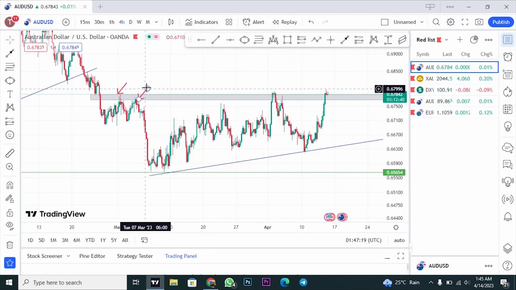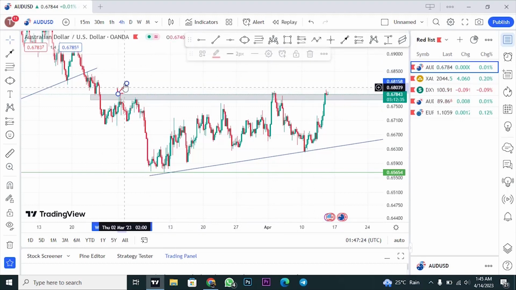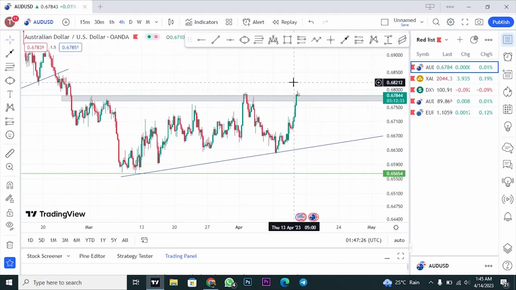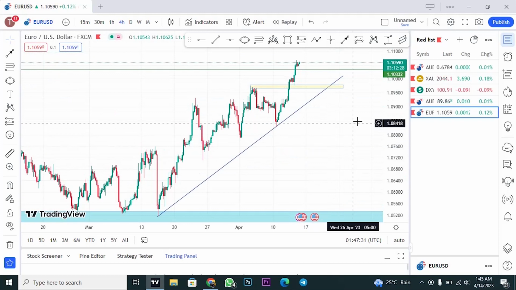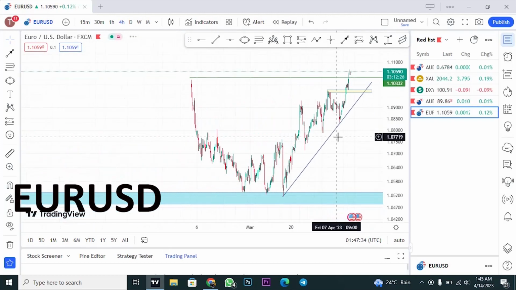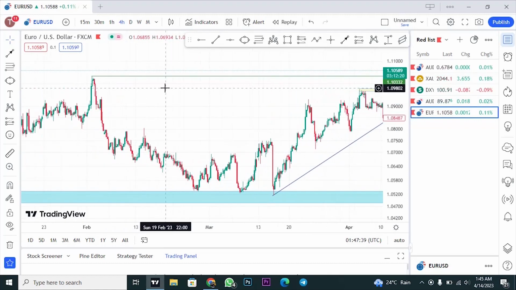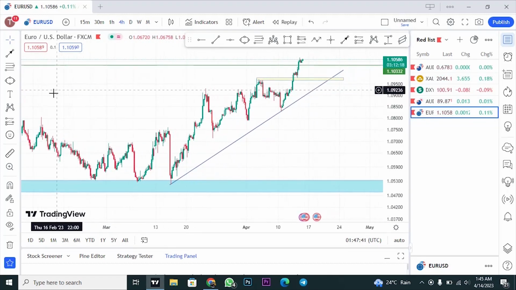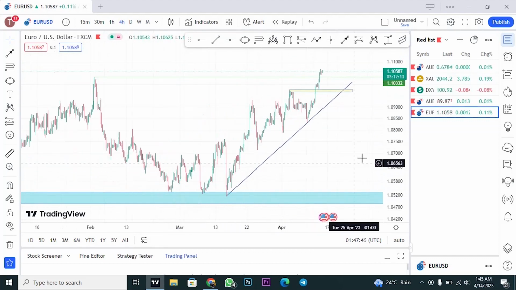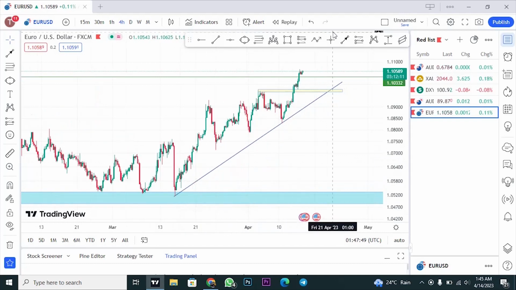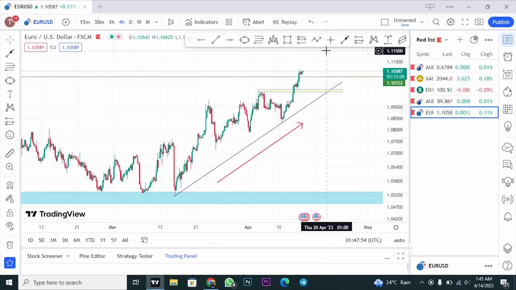So let's move on. Let me clear this one first. Okay, let's move on to Euro USD. With Euro USD, you can see we have a support right at this point, a resistance right at this point, and now price eventually ended up breaking to the upside. Now you can see price has pushed big to the upside, meaning bullish.